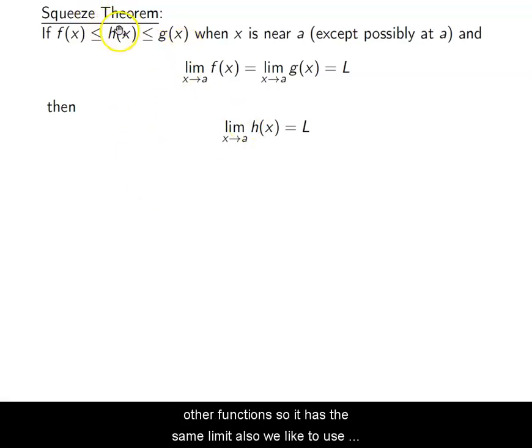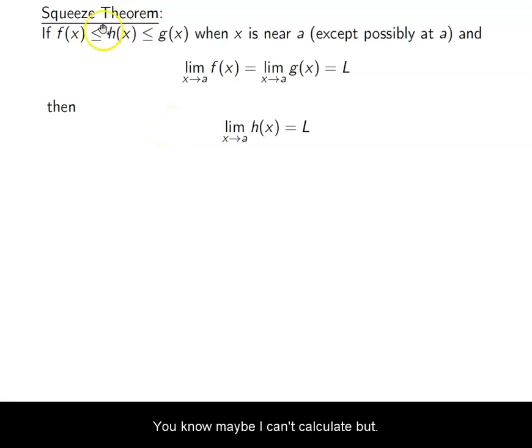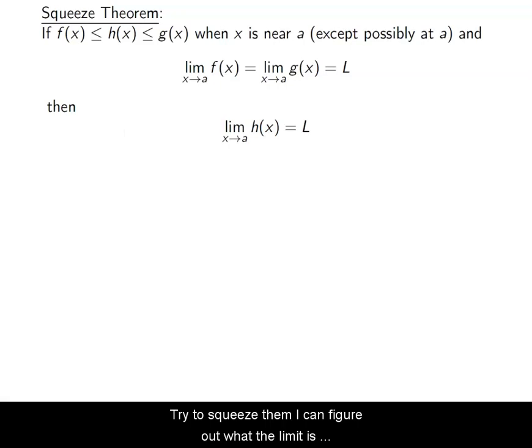We like to use this theorem when it's very, very difficult to evaluate the limit of h. When I can't find the limit of this, but I know a function that's always smaller than it and a function that's always larger than it, and if they kind of go to the same limit at some point, then I can say, maybe I can't calculate h, but by the Squeeze Theorem, I can figure out what the limit is, right?